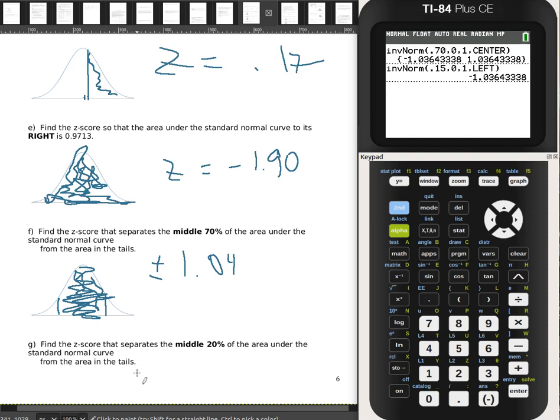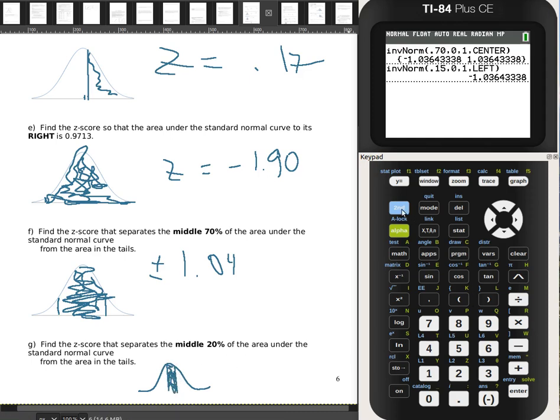Looking to find the z-score that separates the middle 20% of the area under the standard normal curve from the area in the tails. So we don't have a nice picture anymore, but we want only the middle 20%. So it's going to be kind of this little chunky block in the middle. So we want to find the middle part.